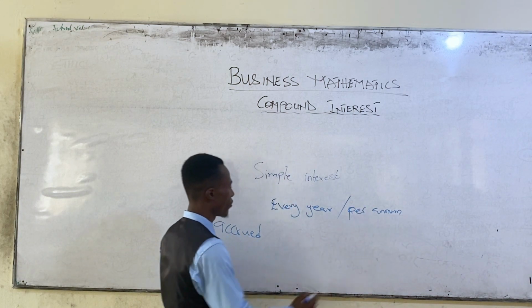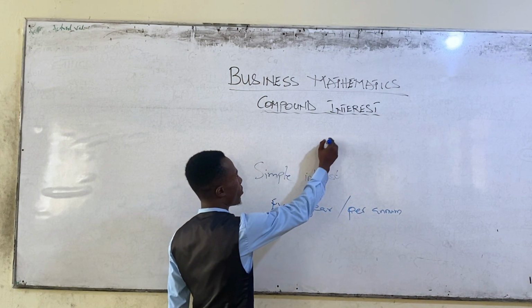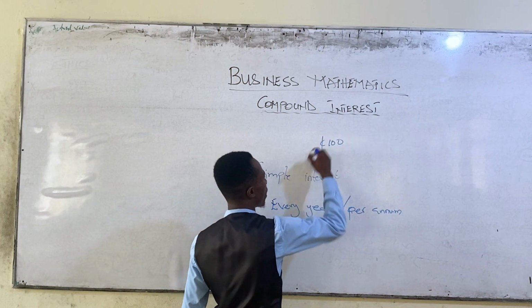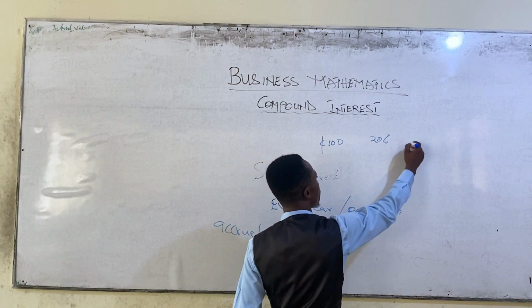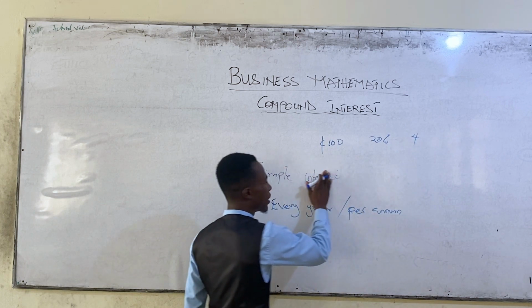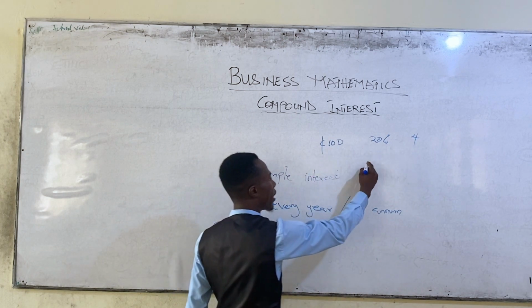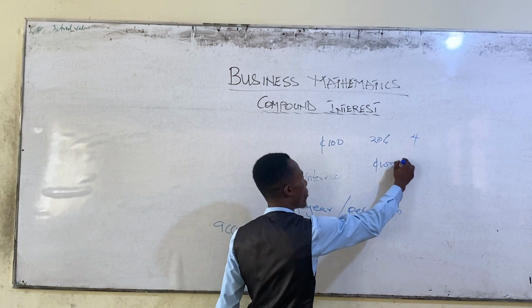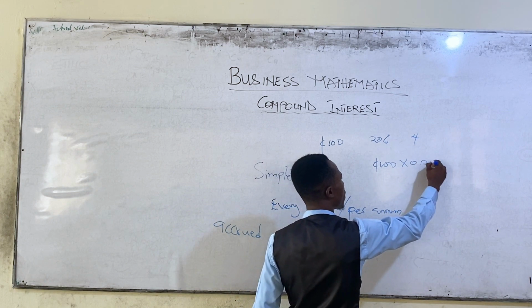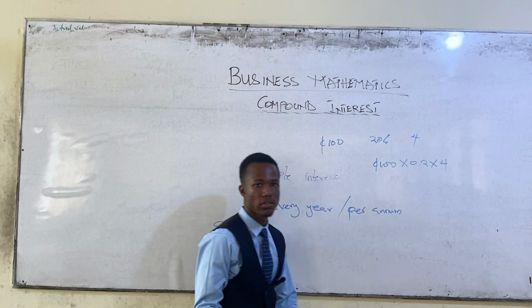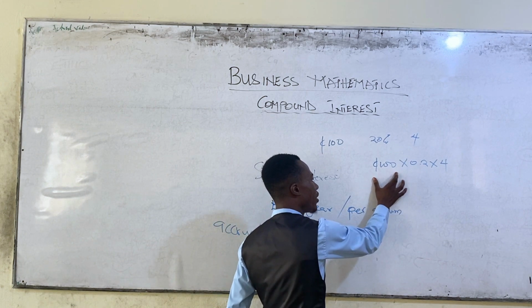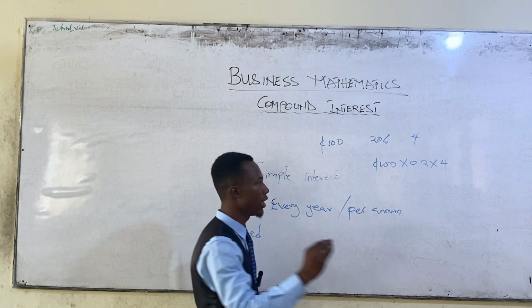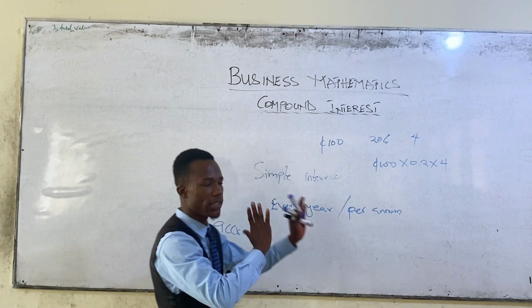So if you have, let's say, a principal of 100 Ghana cedis and the rate to be 20% for 4 years, under simple interest, you just multiply 100 by 20% by the 4 years. So it means you are calculating 20% on 100 cedis for how many years? 4 years. That is for simple interest.